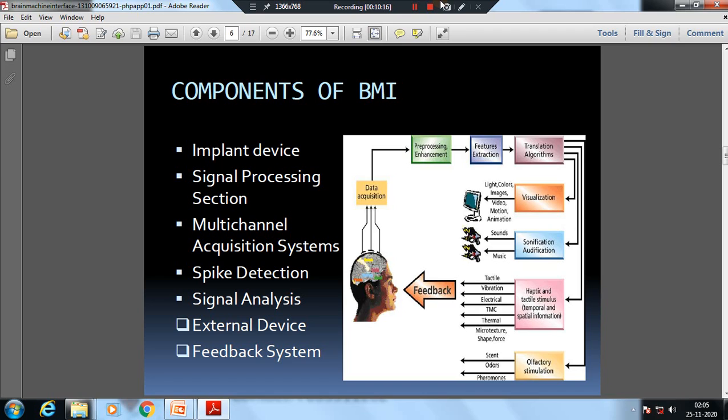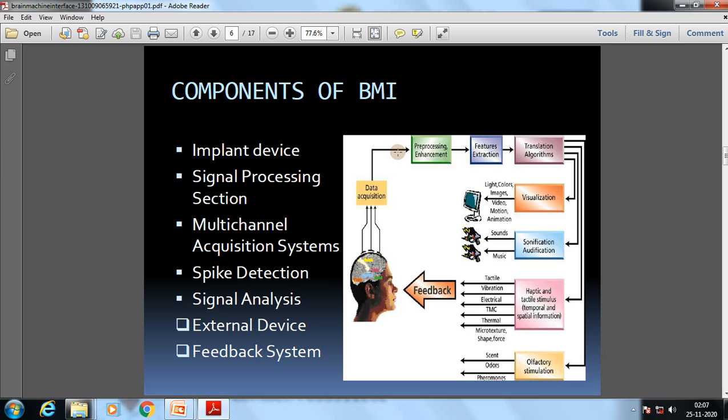So this is the pre-processing enhancement part. After the completion of this part, the feature extraction will take place. So this is the data acquisition part where the data has been transferred to pre-processing enhancement.